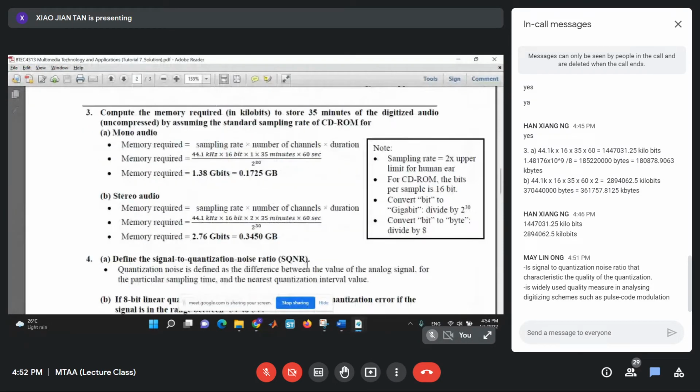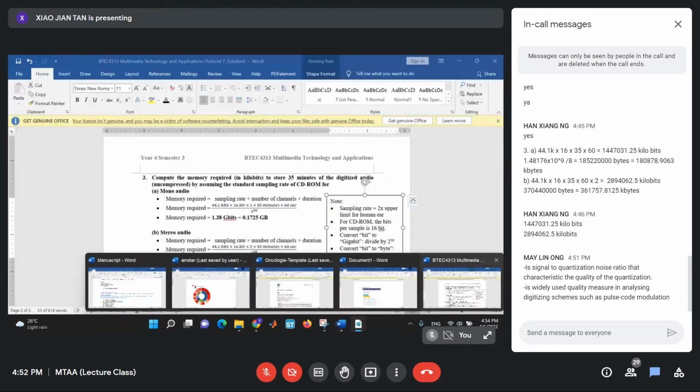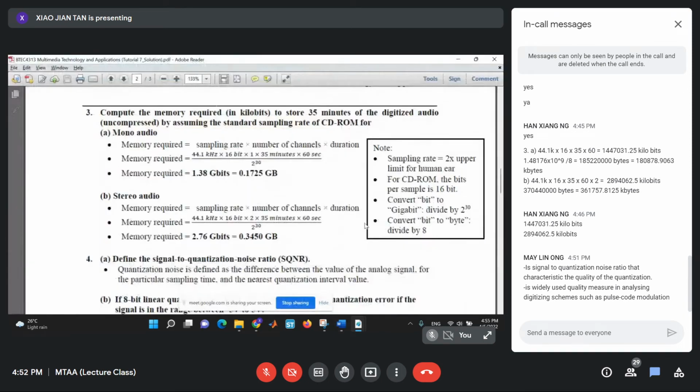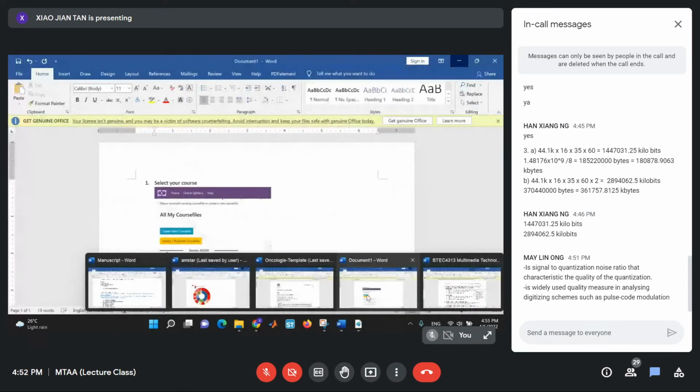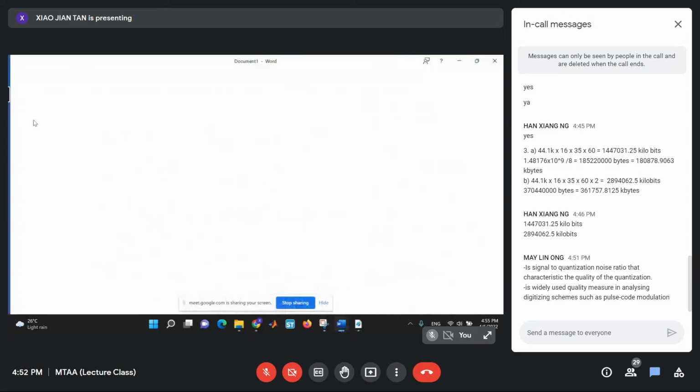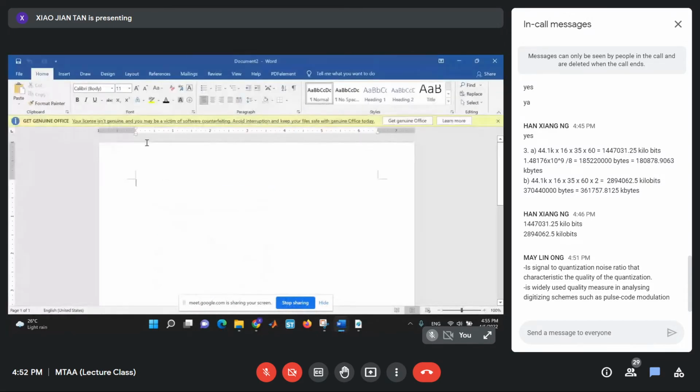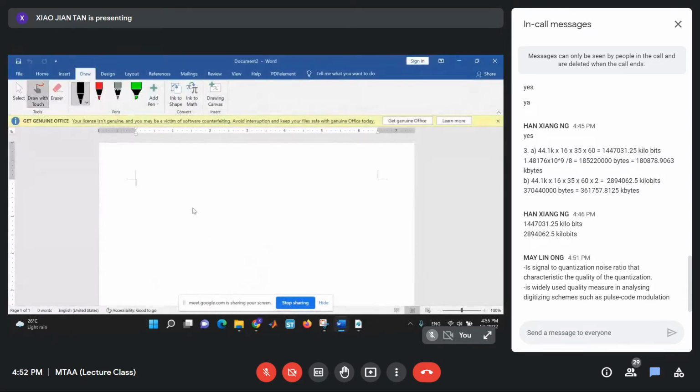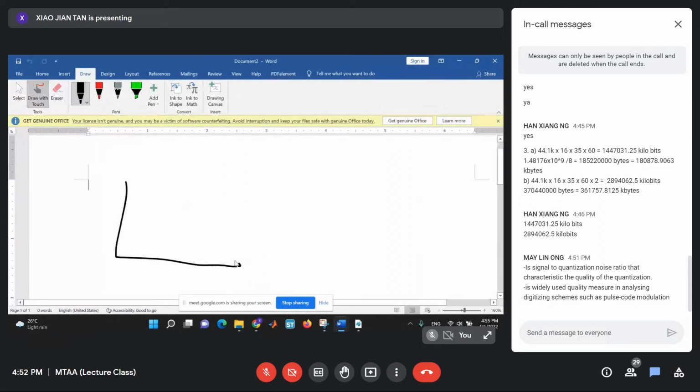Quantization noise is defined as the difference between the value of the analog signal for the particular sampling time and the nearest quantization interval value. Just to further explain, it is actually referring to the gap when you have an analog signal.